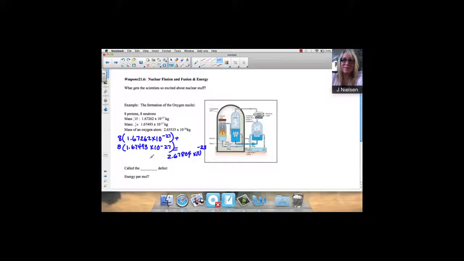So if I calculate the mass of oxygen based on the mass and the number of protons and neutrons, I get 2.67804 times 10 to the negative 26 kilograms, which is different from what they have listed here. The actual mass of oxygen is 2.65535 times 10 to the negative 26. I made a mistake here. This should be 26, sorry.